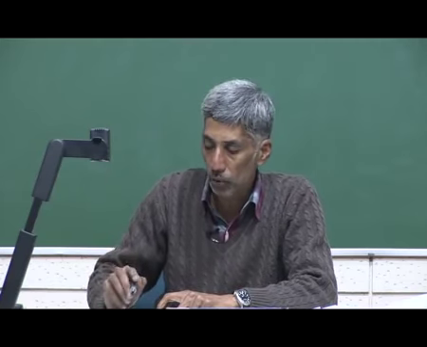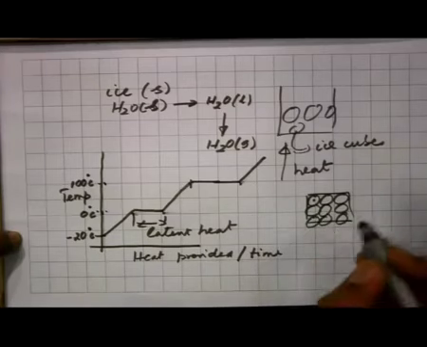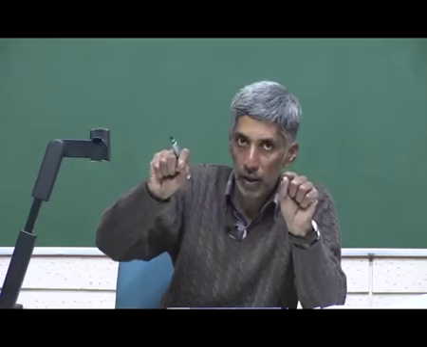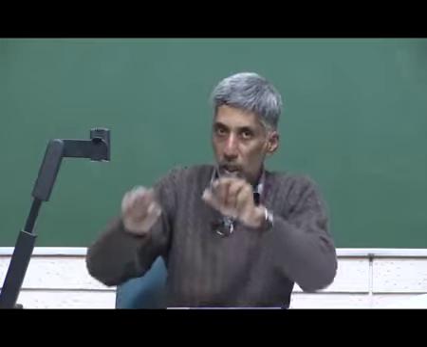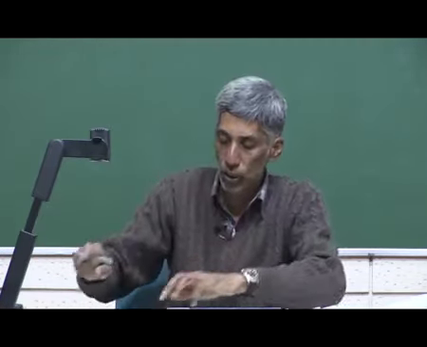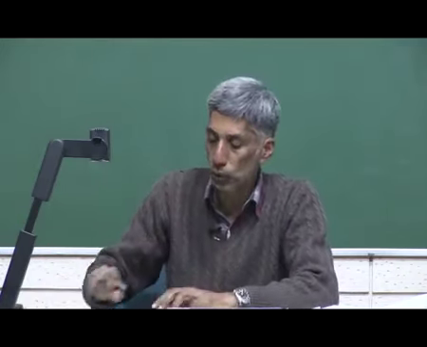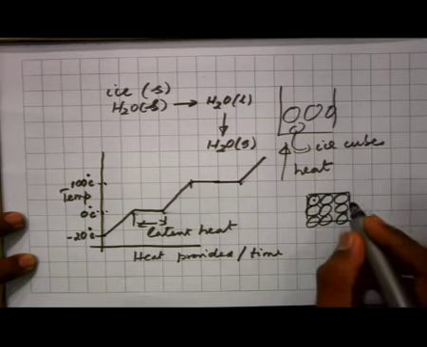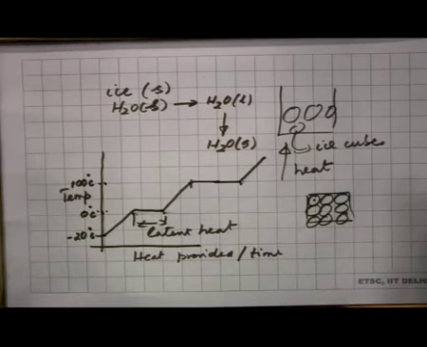So, there are two things playing a part. One is the thing which makes the solid go into this rigid form with the molecules close to each other, which is counteracted by the temperature. The larger the temperature, the more these things vibrate. So, we have two counteracting things.